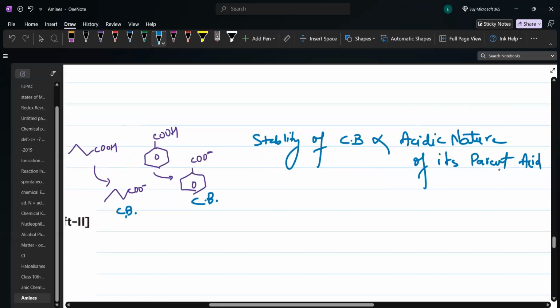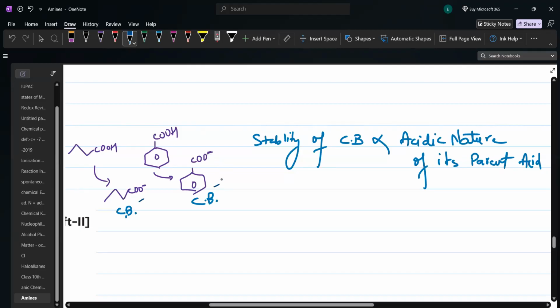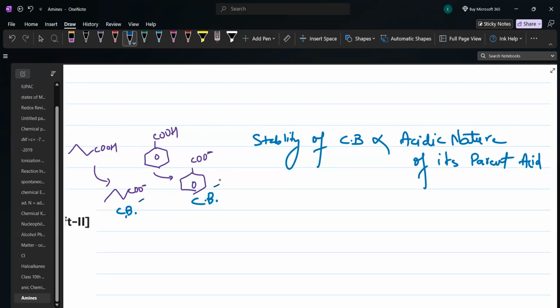How can this statement be defended? When H is removed, this will be the product. If this is stable, it means H can be removed easily. When H can be removed easily, it means acidic nature is good. Yes or no?